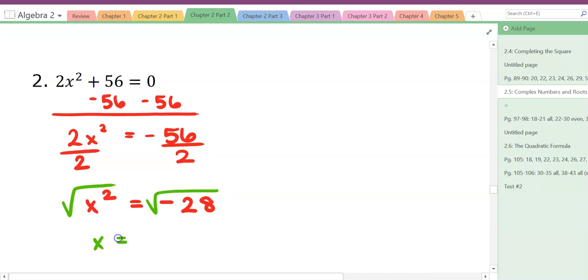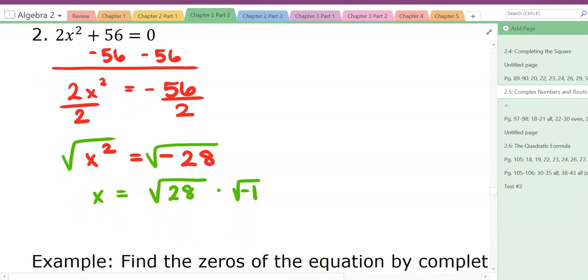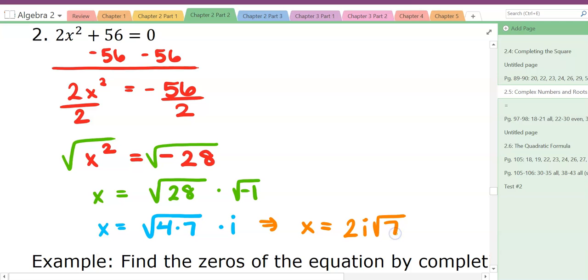So we have x equals the square root of 28 times the square root of negative 1. So what's a perfect square that can go into 28? 7 times 4. So 4 is the perfect square. So 4 times 7, and then times i. So x is going to equal, what's my final answer going to say? So 2i square root of 7.